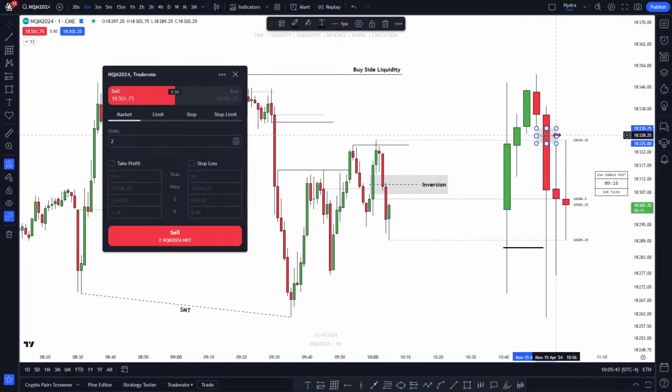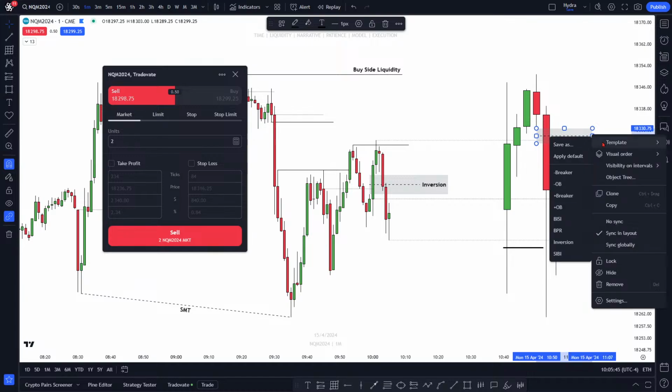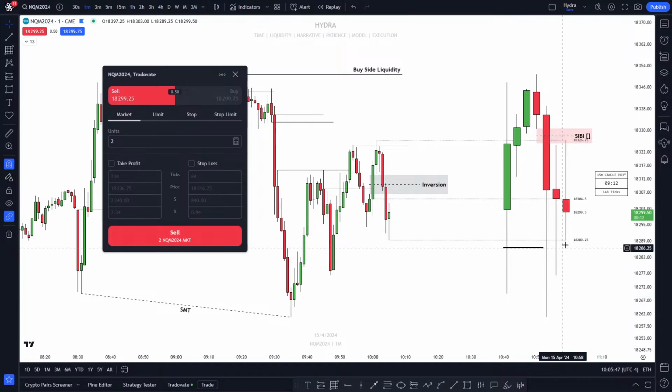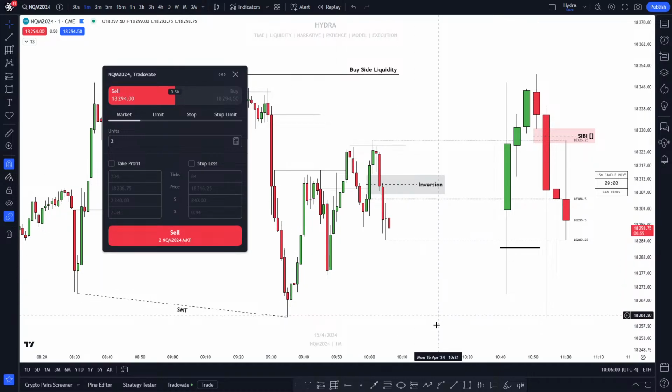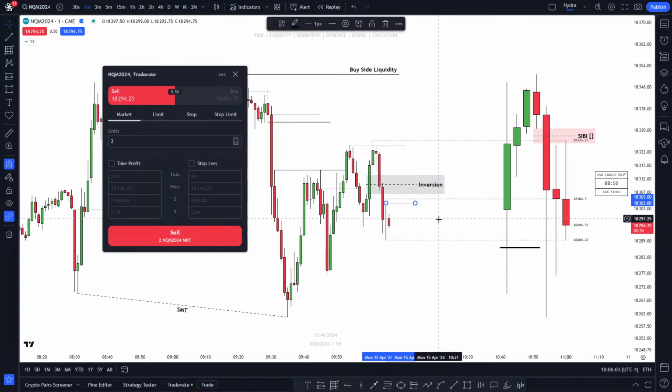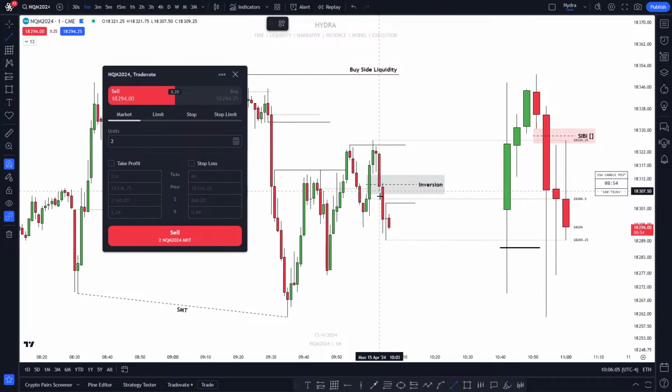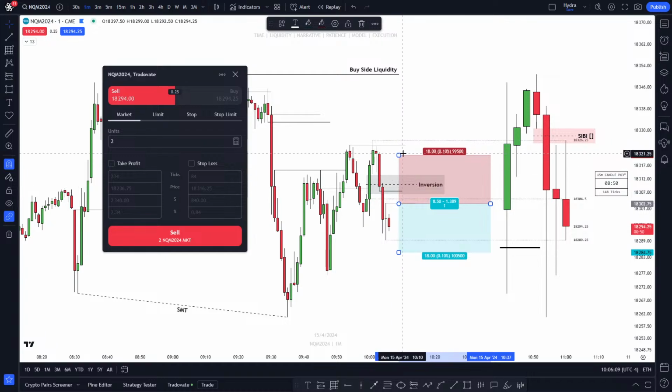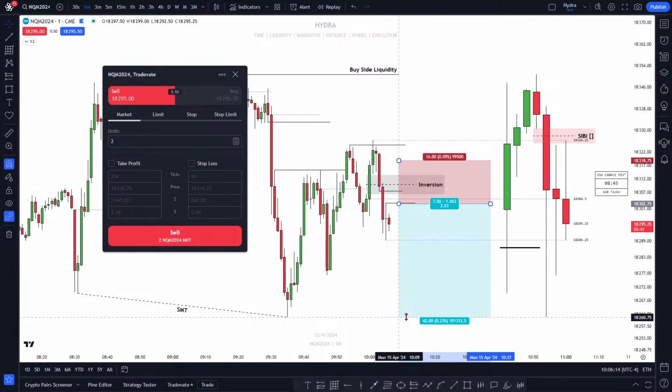So very likely this will hold. If this is holding, then we are good for a short. Fair value gap. This would be my entry. So something like this, with a stop loss just above the inversion and targeting the slowdown here.